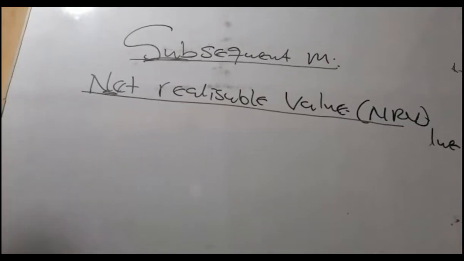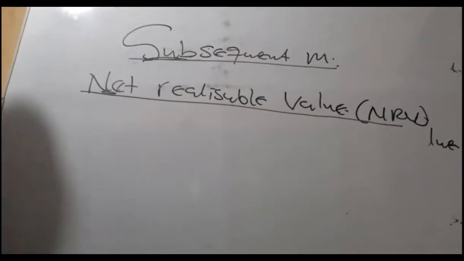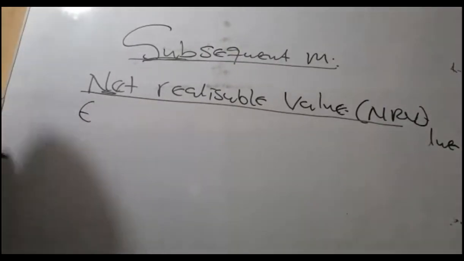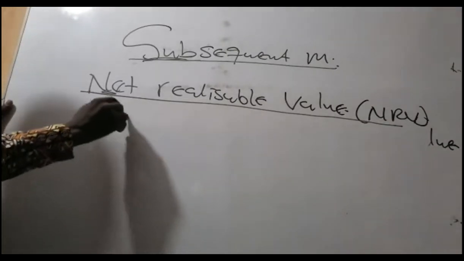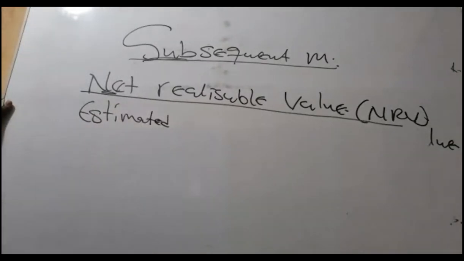So this is the estimated amount to be recovered from an asset through sale. Estimated amount. So it is an estimate, not actual. I'll explain.